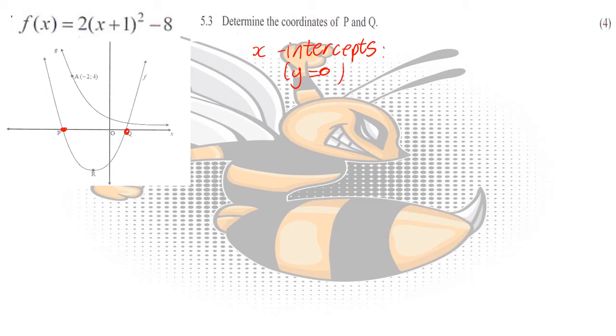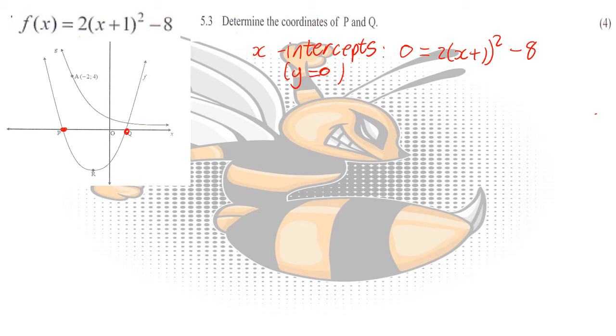So to find P and Q, we just calculate the x-intercepts and we make y 0. So 0 is equal to 2(x + 1)² − 8.